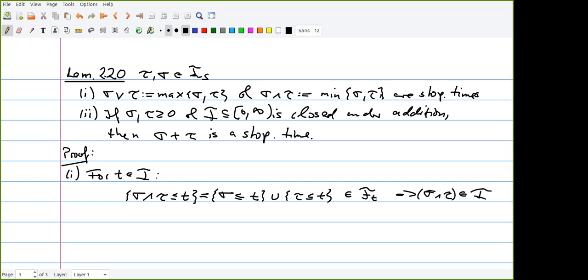Is a stopping time. And now we need to understand the maximum. The maximum is less or equal than t if and only if sigma is less or equal than t and tau is less or equal than t.